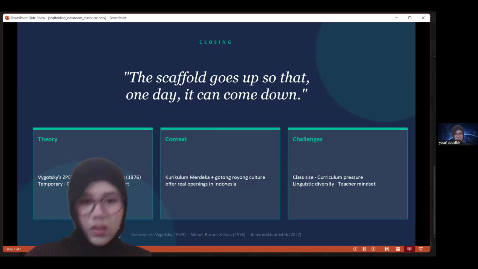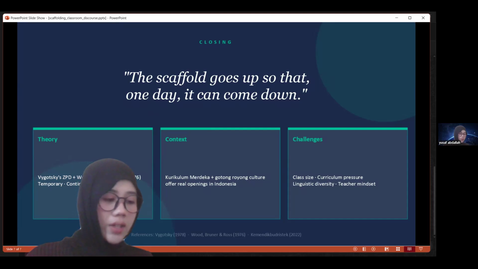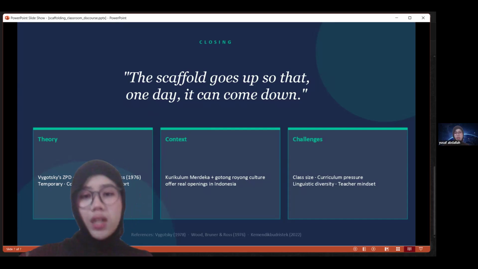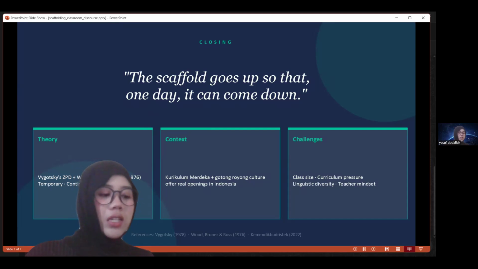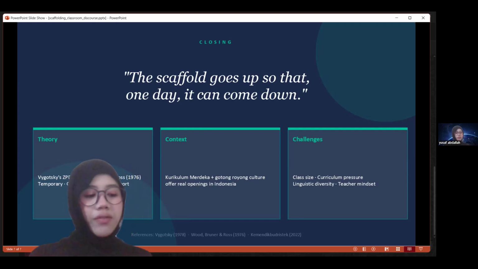So, to wrap it up, the scaffold goes up so that one day it can come down. Scaffolding is rooted in Vygotsky's ZPD, defined by Wood, Bruner, and Ross as support that is temporary, contingent, and fading. In Indonesia, there are real openings for it, like Kurikulum Merdeka pointing in the right direction, and the cultural value of gotong royong already creating space for peer scaffolding.